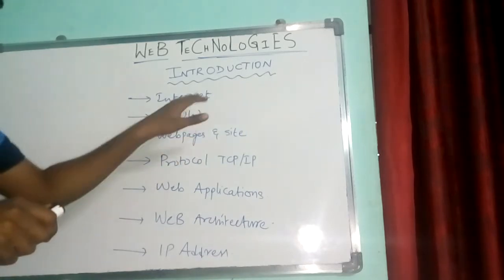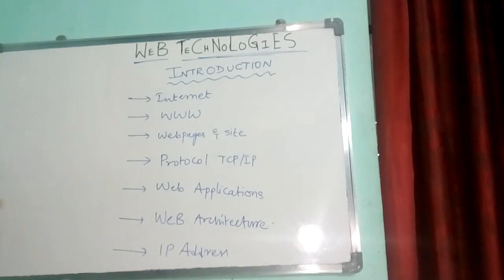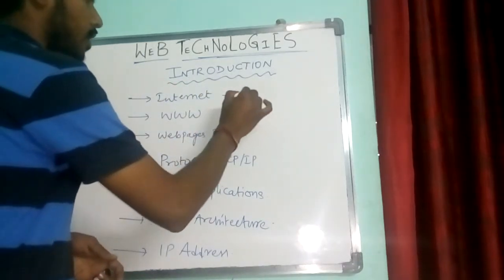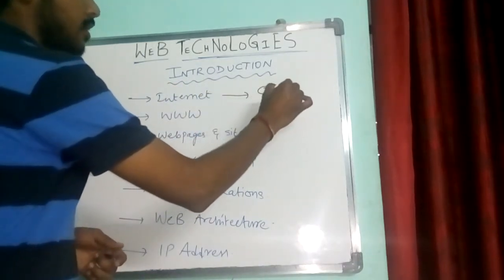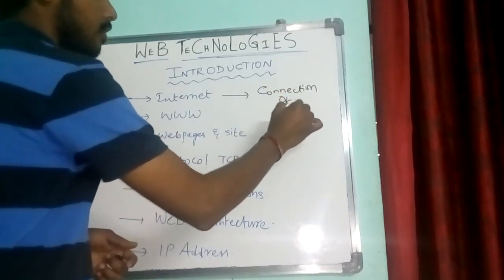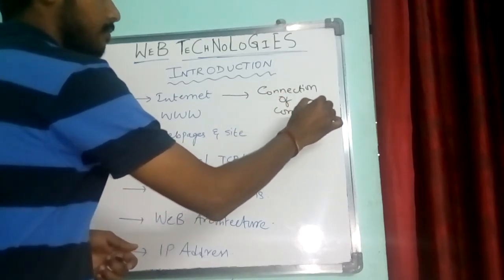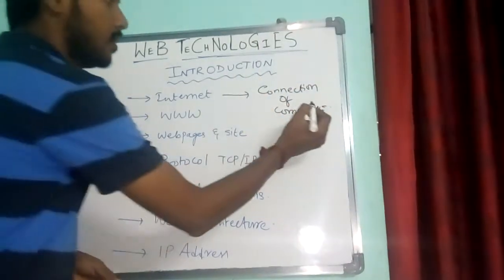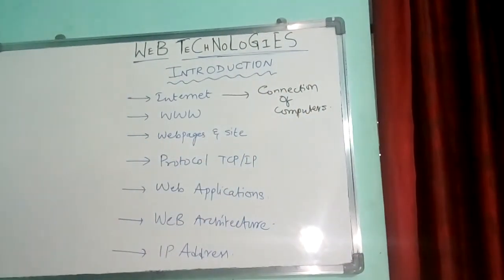Now, the first thing is internet. So what is internet? I can say it is a connection of computers.